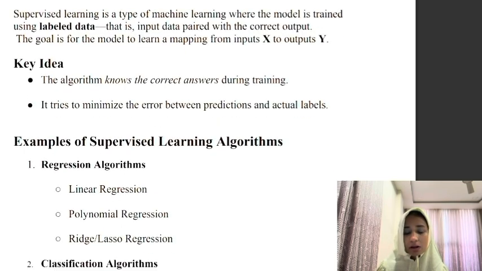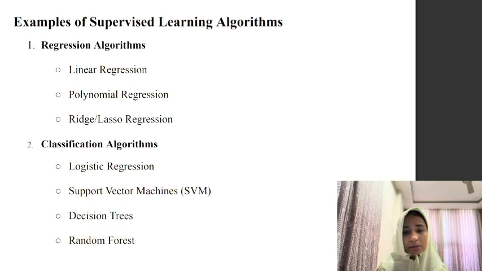Now, examples of supervised learning algorithms. First is regression algorithms, which contain various types: linear regression, polynomial regression, ridge or lasso regression.